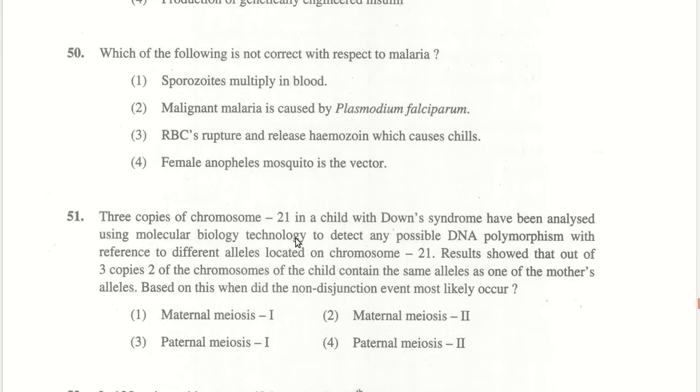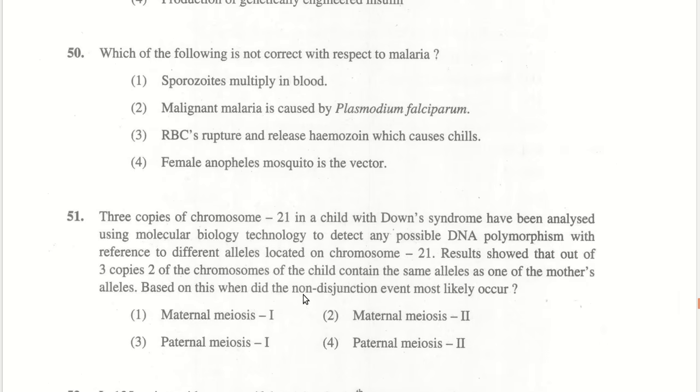51st, 3 copies of chromosome 21 in a child with Down syndrome have been analyzed using molecular biotechnology to detect any possible DNA polymorphism with reference to different alleles located on chromosome 21. Result shows that out of 3 copies, 2 of the chromosomes of the child contain the same alleles as one of the mother's alleles.